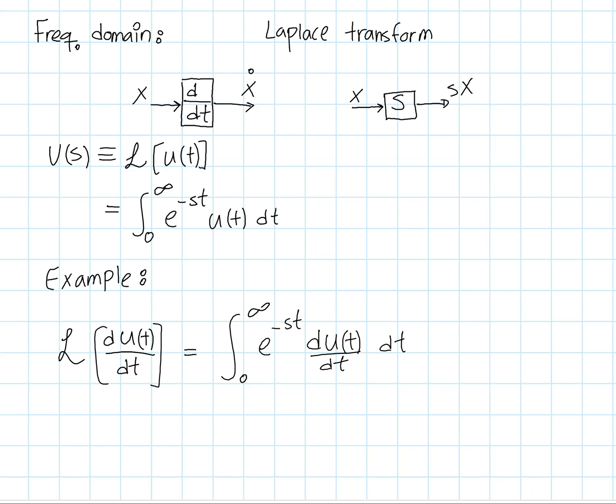This is one of those integrations where we have to utilize integration by parts. If you recall, anytime we have an integral of u dv, we end up with uv minus the integral of v du. I'm going to use this trick to solve my problem.